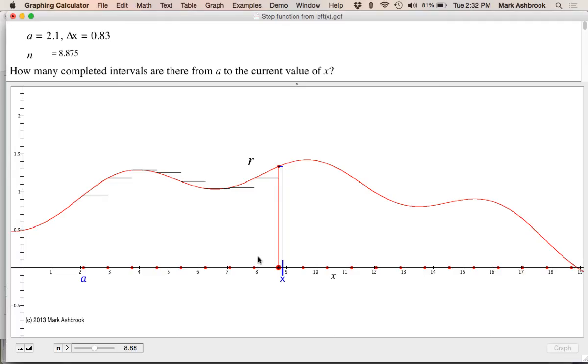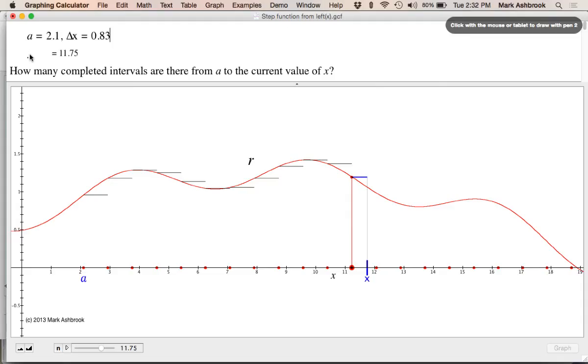Okay? So here's a simpler example. If A is 2.1 and delta X is 0.83, and let's say X is, so this is X here. The value of N is the current value of X. I can change that up here.